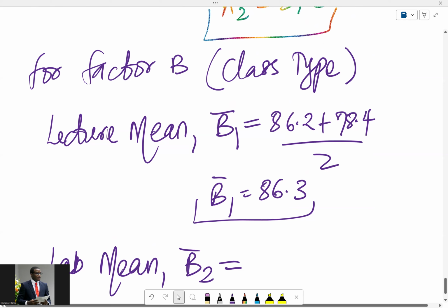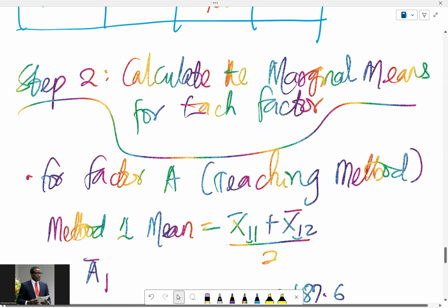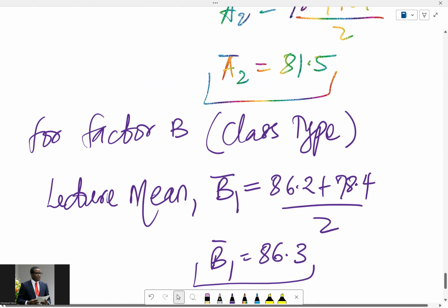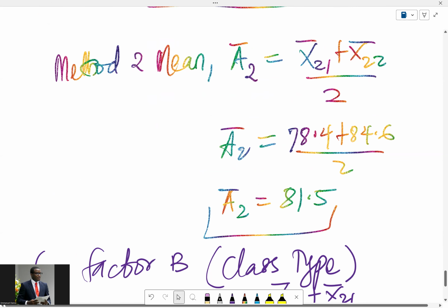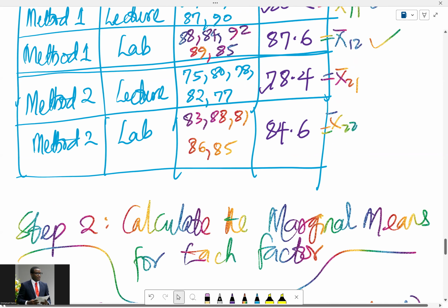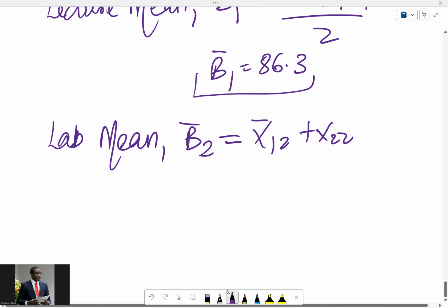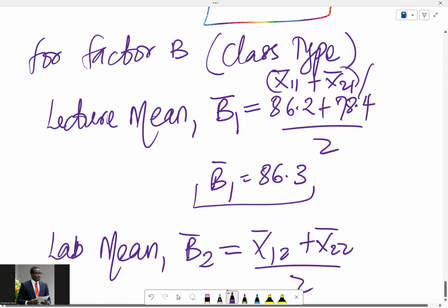Oh, I forgot to write the formula for this. Lecture mean is X11 bar plus X21 bar. Then for lab mean, that will be X12 bar plus X22 bar, divided by 2. This divided by 2, right?